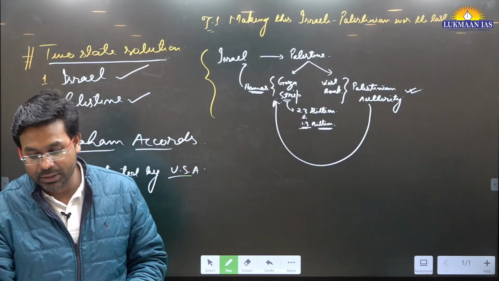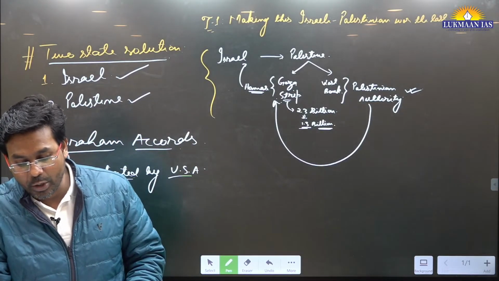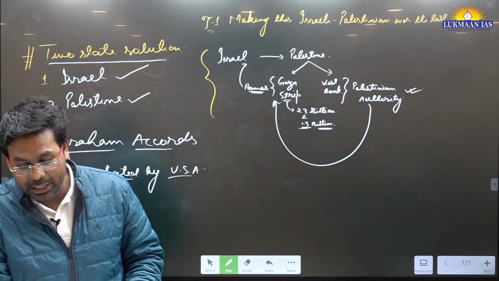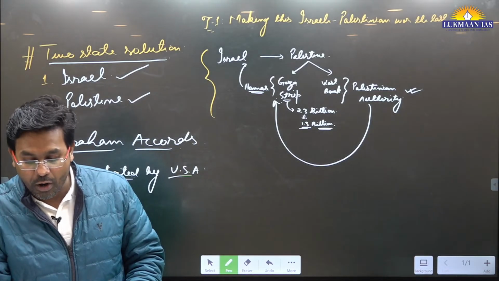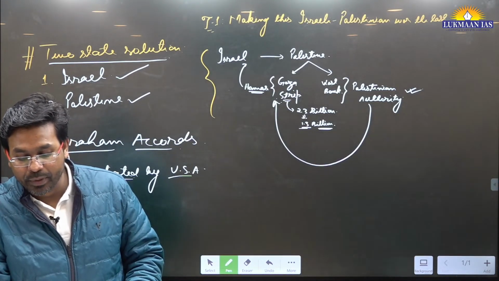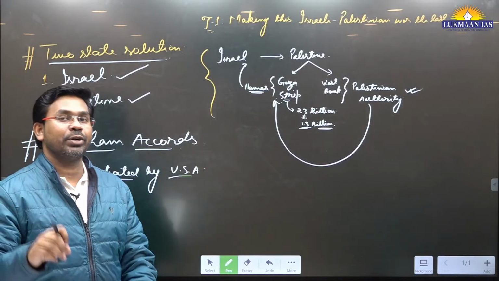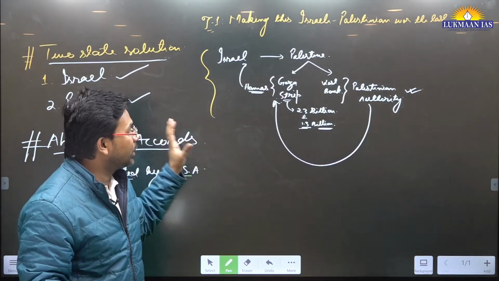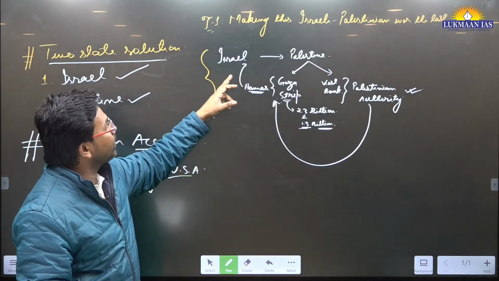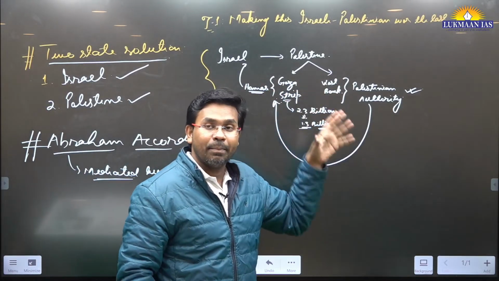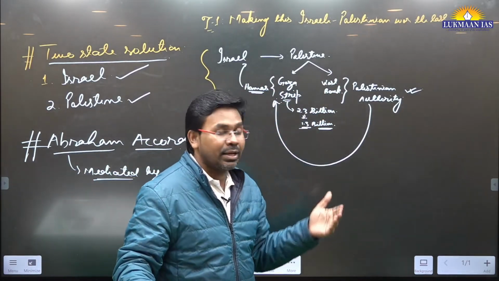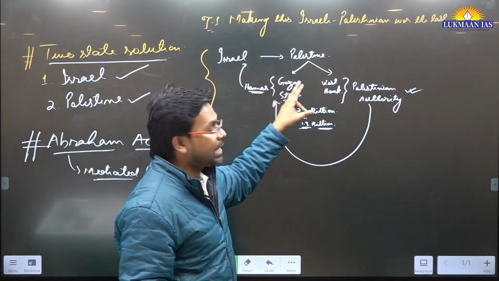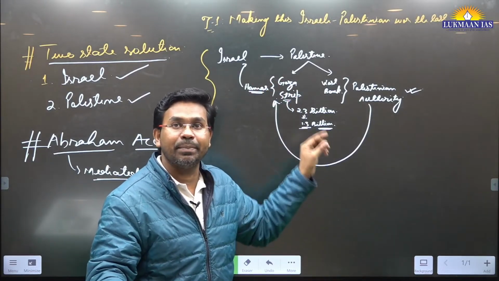Finally, the author says the only lasting solution is for Israel to vacate its occupation of the West Bank and let a viable Palestinian state emerge. What has happened in the West Bank? A huge number of Palestinians stay there, but the government of Israel has settled a huge number of Israeli people in this region.